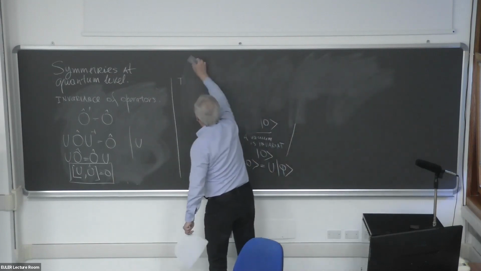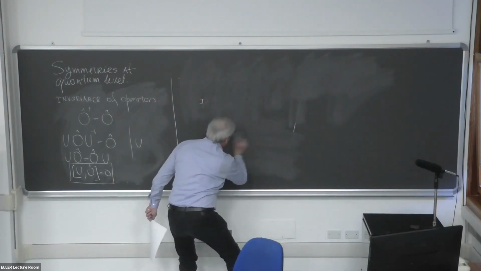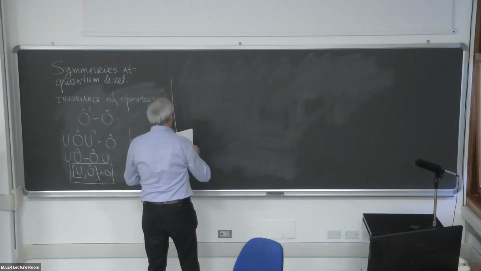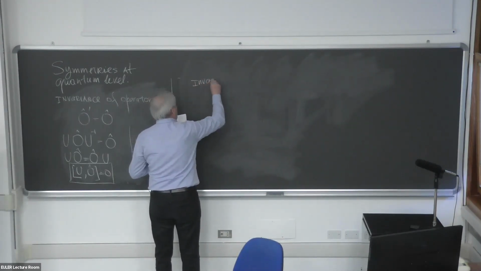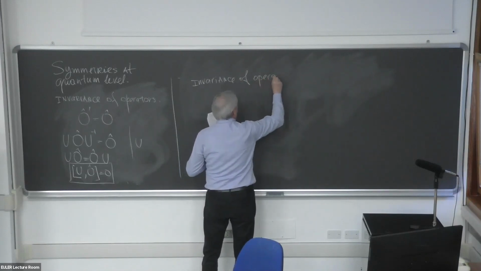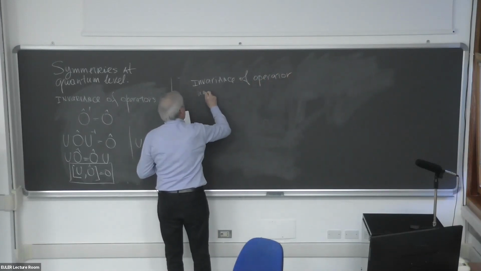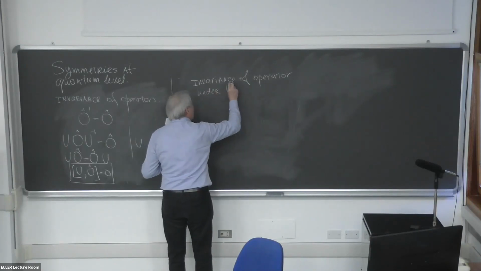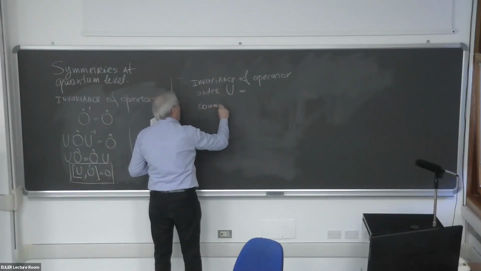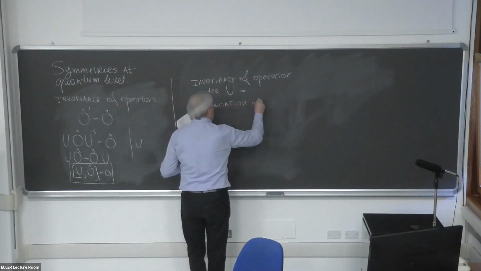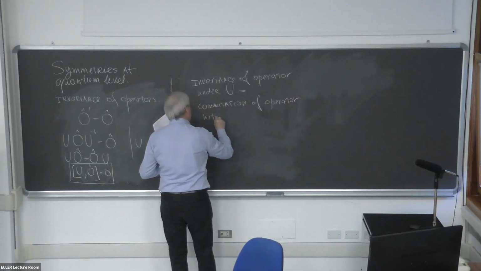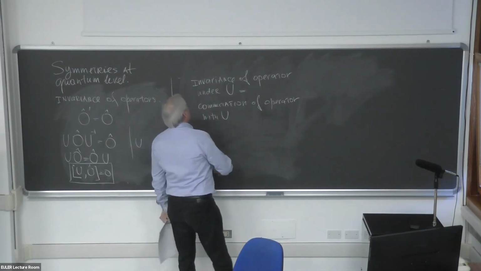So this is a very important and, again, elegant expression of invariance, right? What we are saying is that invariance of an operator under transformation U, which is also an operator, is equivalent to commutation of the operator with U. All right, okay.